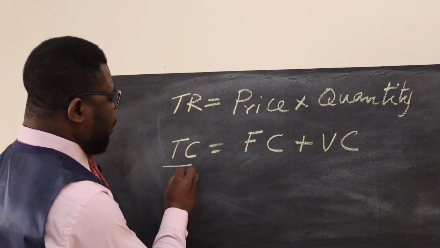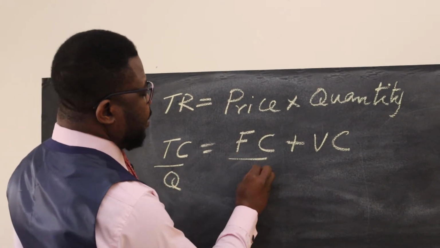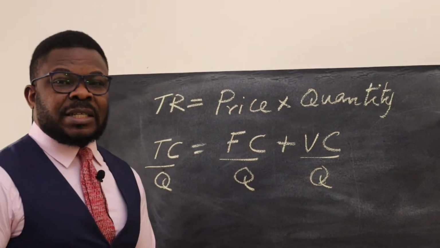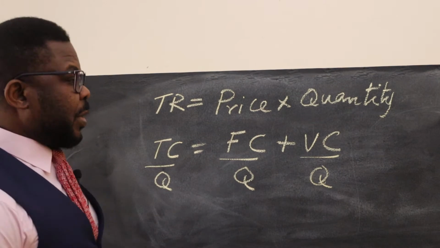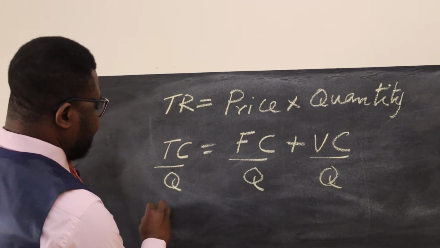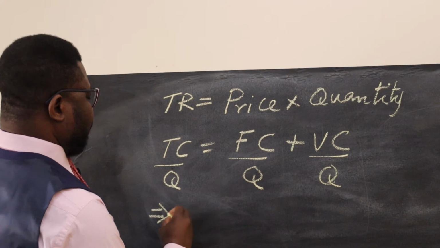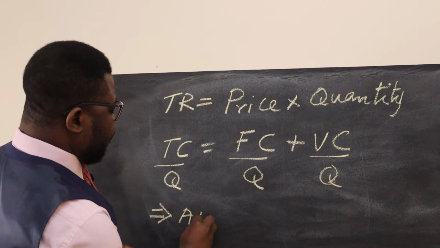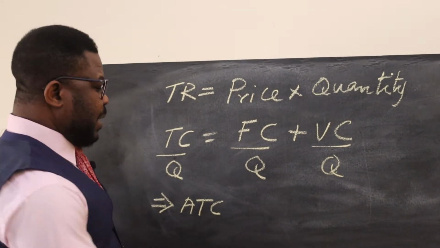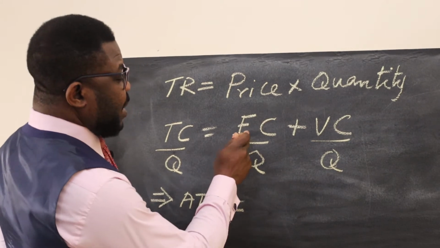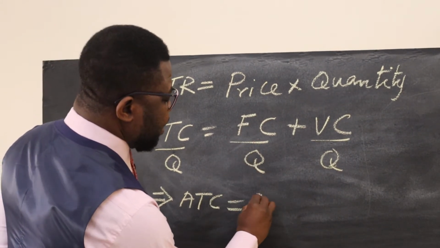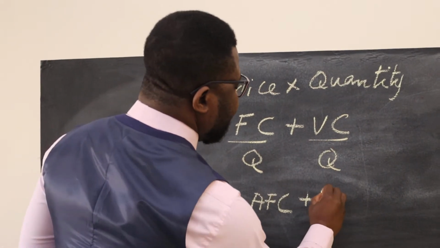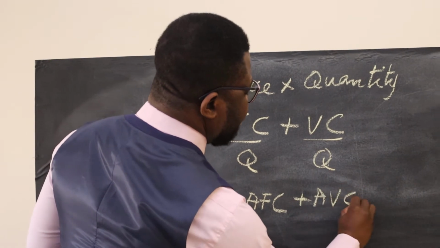So let's divide here by Q, and here by Q, and here by Q. So what this means is that we can rewrite this as: if you divide total cost by quantity, you get average total cost. Yeah? Which will be equal to, if you divide fixed cost by quantity, you get average fixed cost, plus, divide here by quantity, your average variable cost.